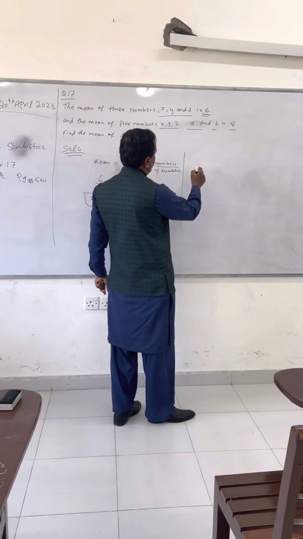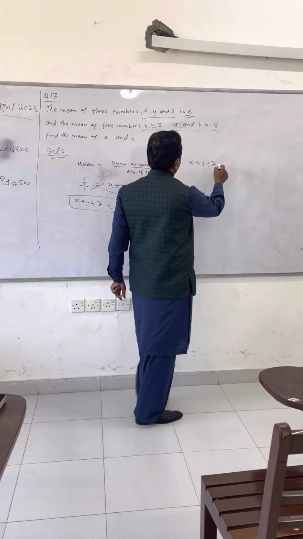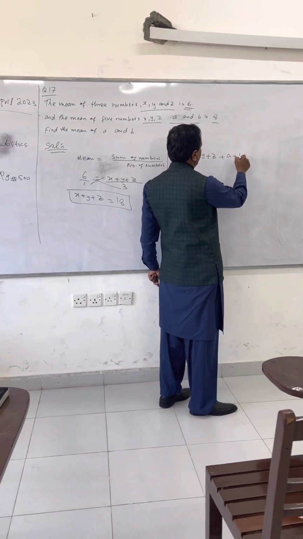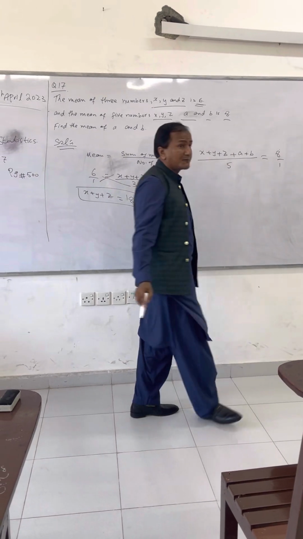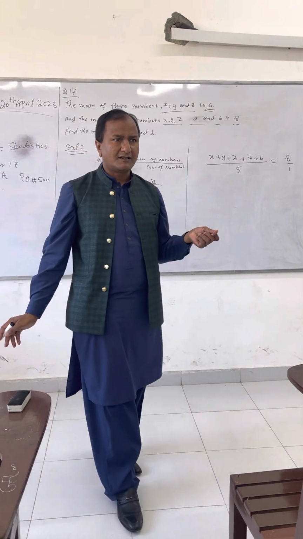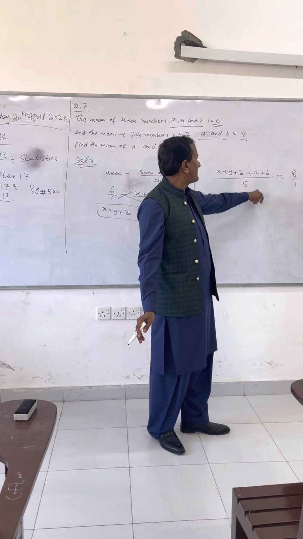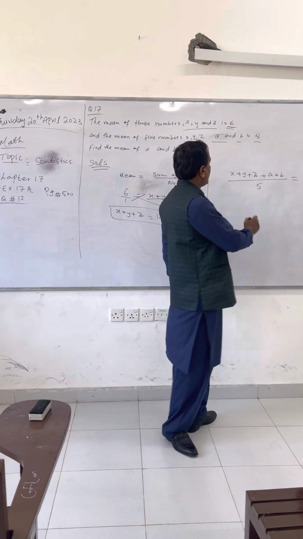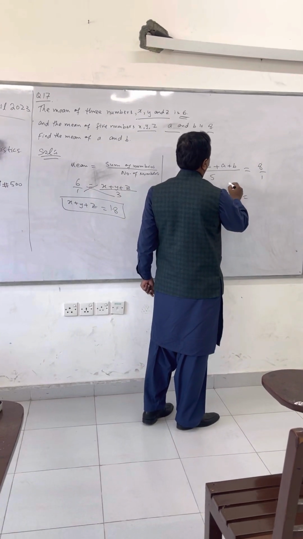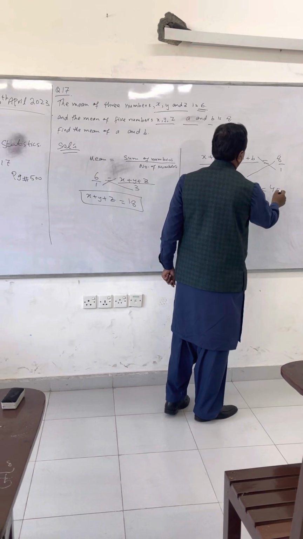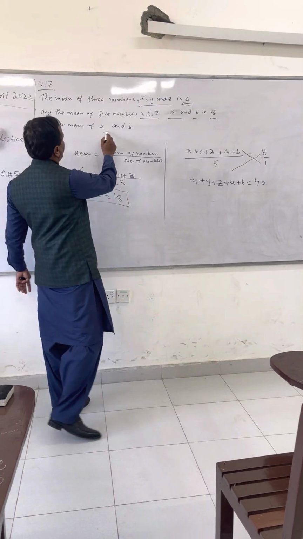They are x plus y plus z plus a plus b, and the mean is given as 8. Now we are supposed to find the sum of the five numbers. Applying the same formula, sum of numbers over number of numbers, with cross multiplication we get x plus y plus z plus a plus b equals 40. It means the sum of the five numbers is 40, and we still have to find the mean of a and b.